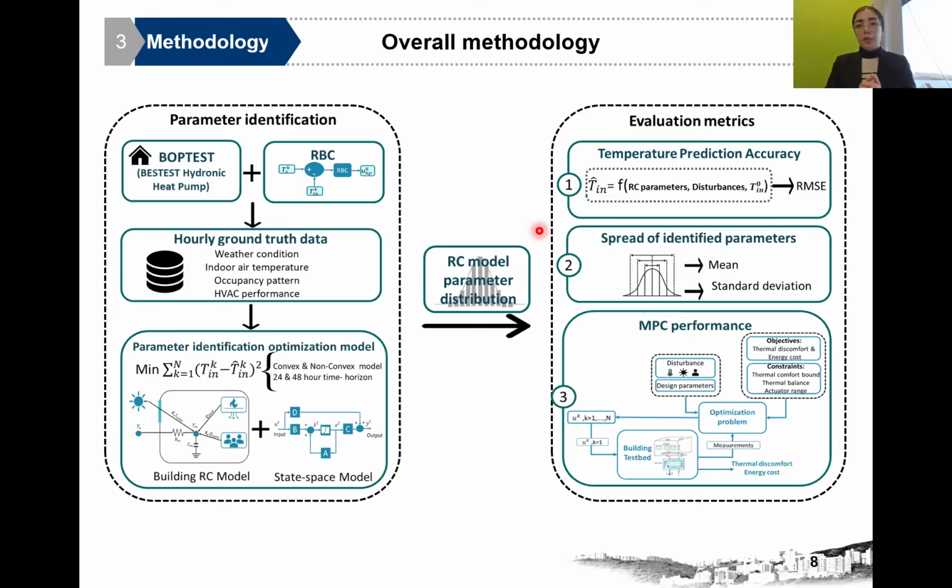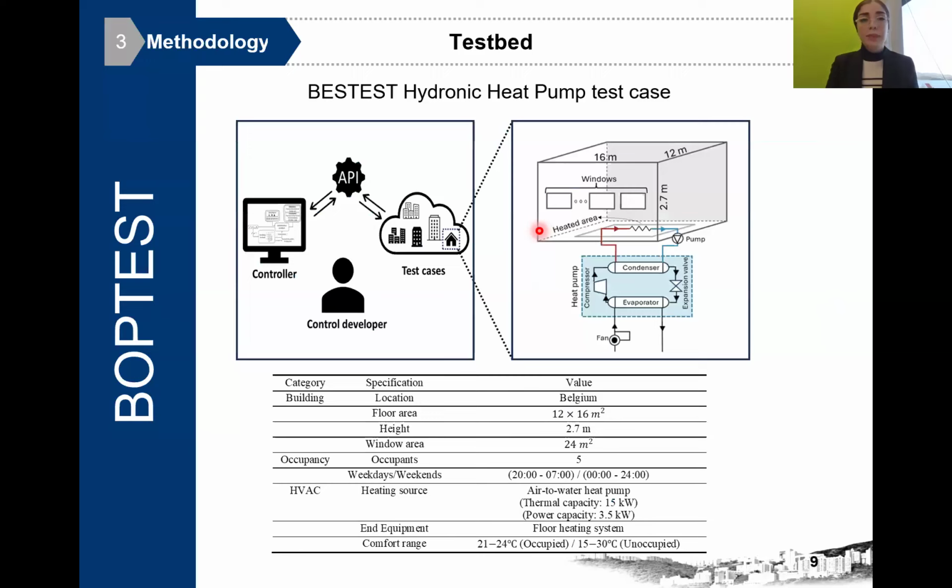Because the final goal of having a building energy model is to minimize the energy cost and maximize the thermal comfort as much as possible. So this metric is very important for evaluating the identified parameters. It is noteworthy to mention that during our methodology, we need a framework.